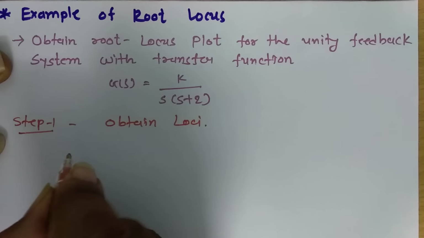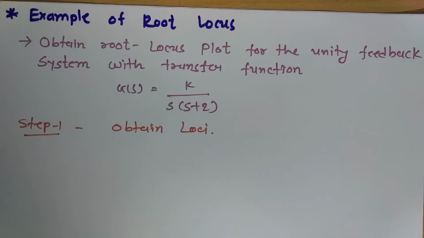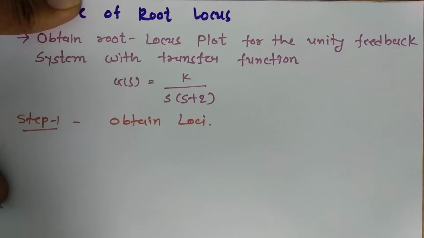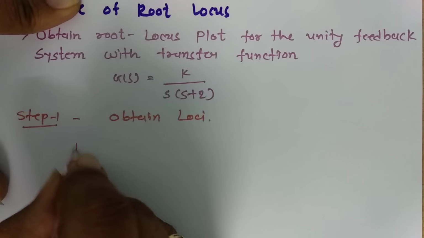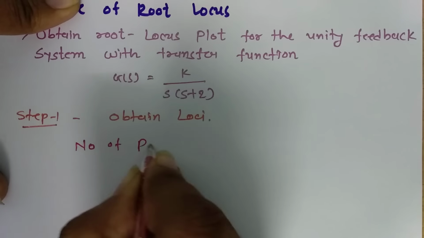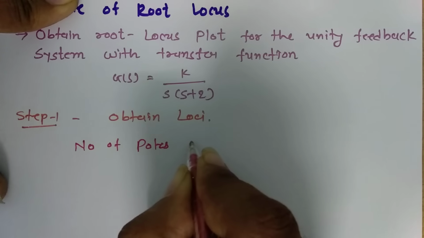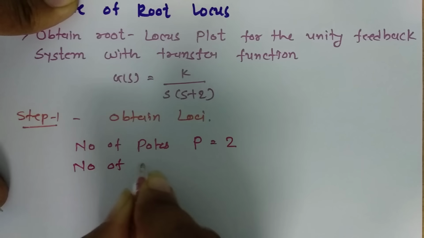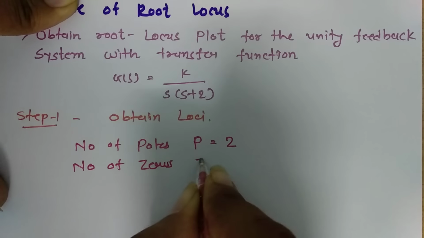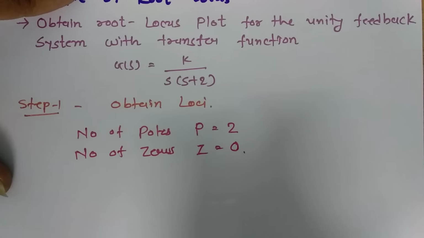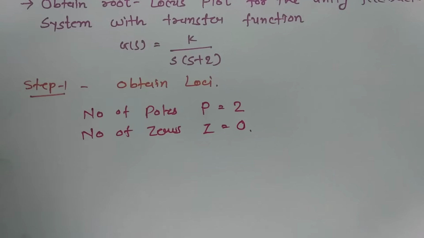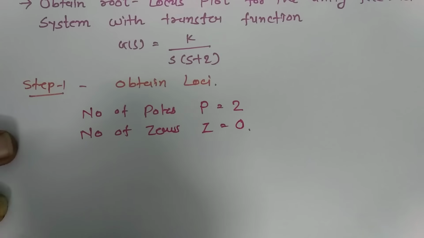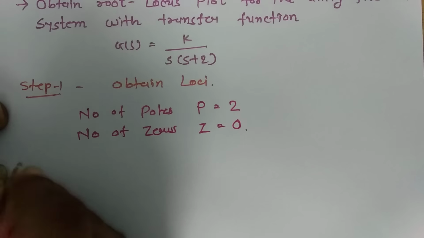Here, the number of poles in this example is 2, and the number of zeros is 0. Now let us calculate the total number of asymptotes.